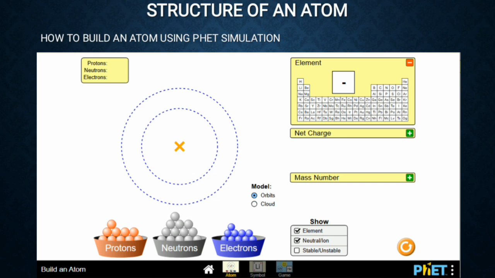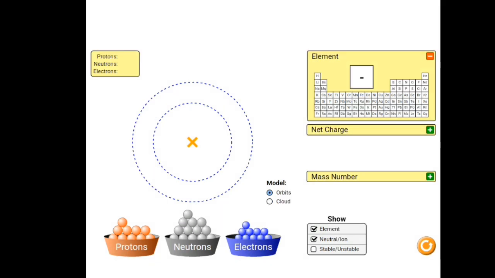So I'm just going to show you how to go about that. This is PhET simulation, and I'll teach you how to build an atom. If you look closely at the screen, you see the protons, neutrons, and electrons. These are the elementary particles that have been discussed earlier.